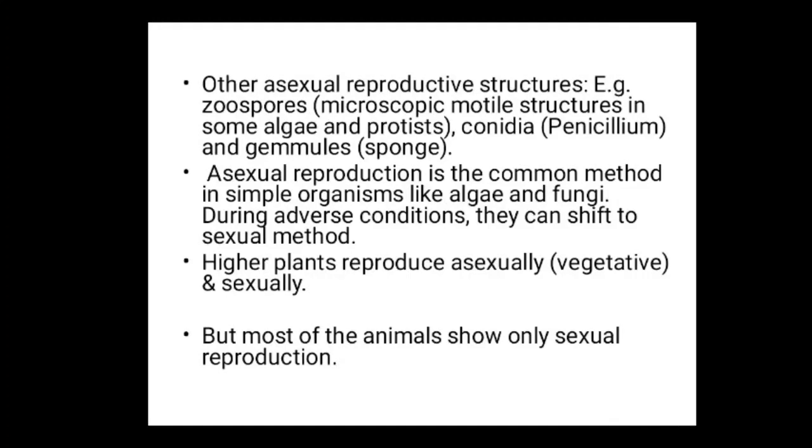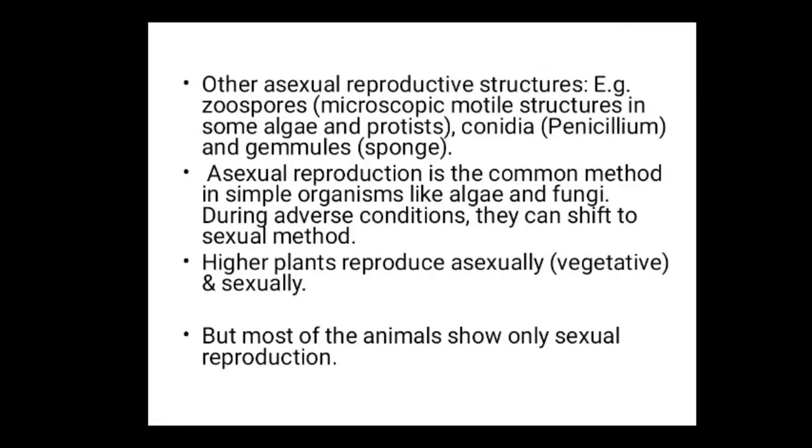Actually, asexual reproduction is a very common method in simple organisms like algae, fungi, and some other protista and porifera. These are lower organisms where asexual reproduction is mostly common. But during adverse conditions, they can shift to the sexual method.